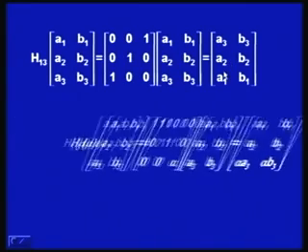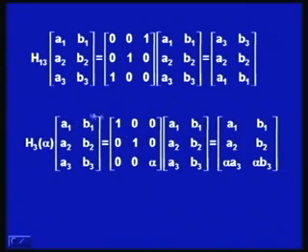Now, this type of operation can be done for all types of operations, like H3 alpha multiplied by this. That means we want to apply the row operation on this matrix so that the third row is multiplied by alpha. So, what I do is I first apply this operation on the identity matrix. If the third row is multiplied by alpha in the identity matrix, only this element will be affected.